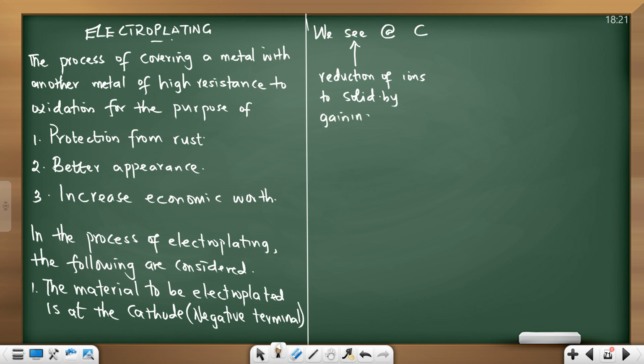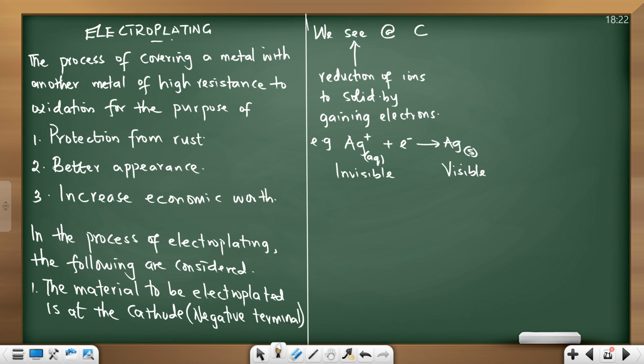So the cathode would gain what? Electrons, and once that happens, the ions are then reduced to what? Solid. For example, Ag+ + e- gives me Ag. I am producing a solid. This one is aqueous. This is invisible. But this is visible.